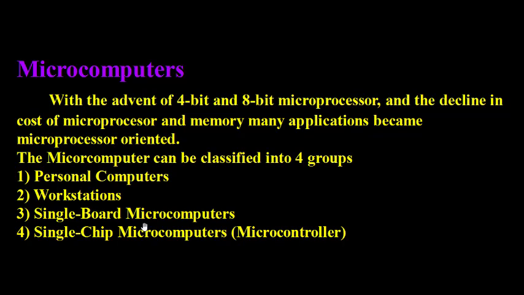Single board microcomputers had all the functionality: the microprocessor chip and all the other supporting circuits available on the board itself. The microprocessor was one of the primary components, and apart from it, other circuits were also there on that board. For example, we can have an 8085 microprocessor board, which is also available.